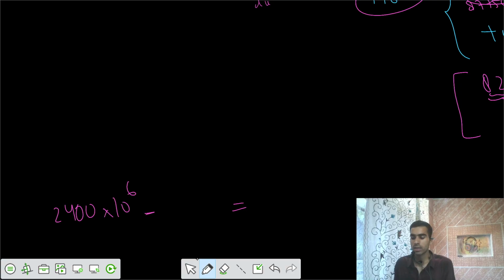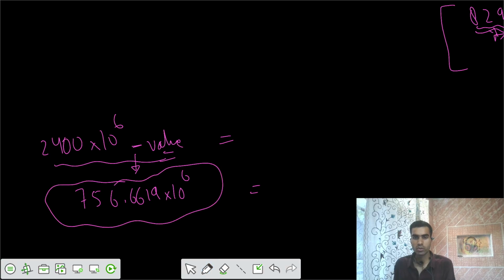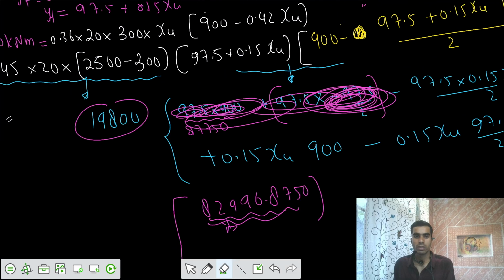So 2400 into 10 to the power 6 minus this answer that we got from the calculations. So this answer finally comes out to be the constant C, that is 756.6619 into 10 to the power 6. This is the final C.